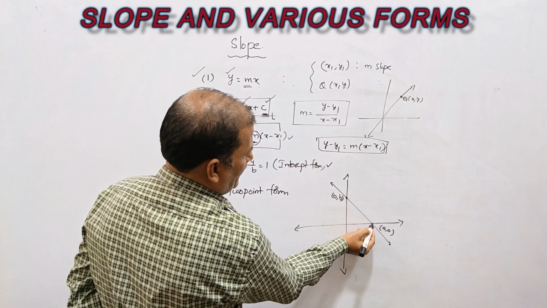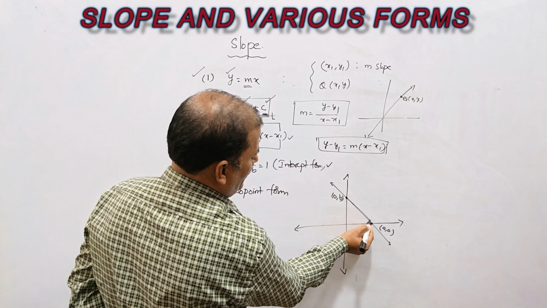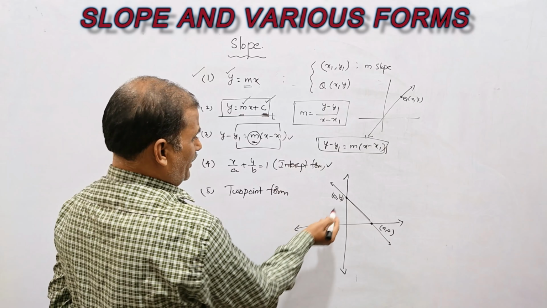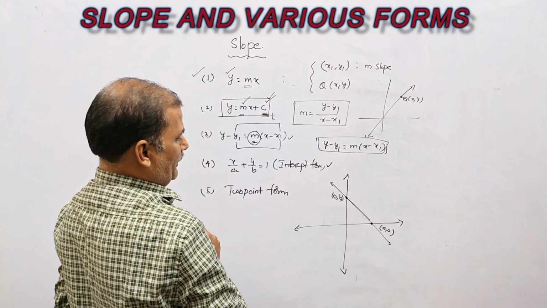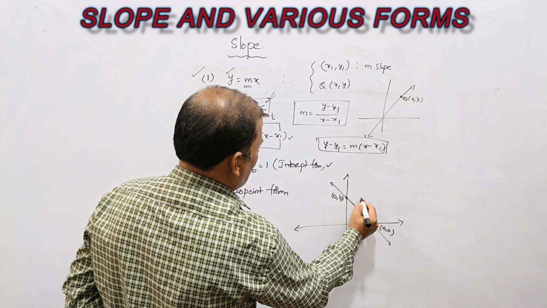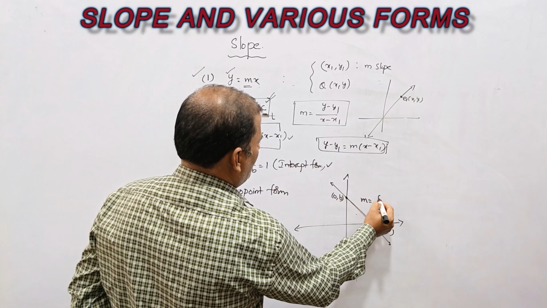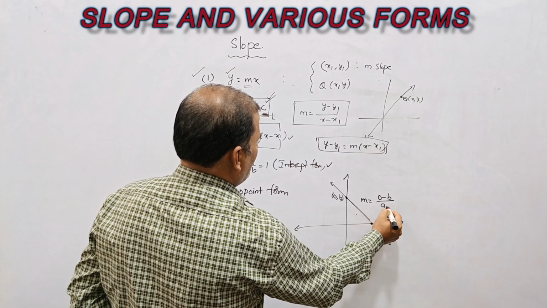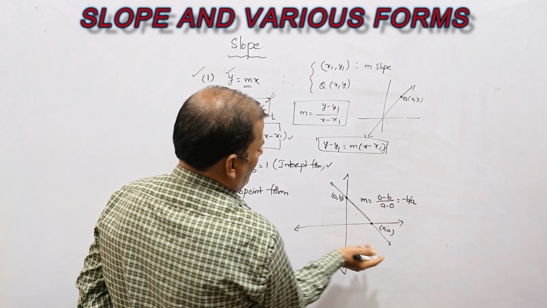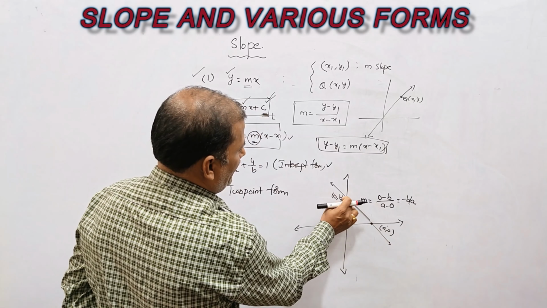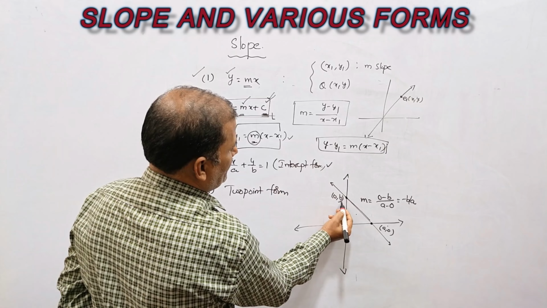Now we have to find the slope of these 2 points, or we know the y-intercept formation is y is equal to mx plus c. We find the slope here, m is equal to y2 minus y1 by x2 minus x1. The slope is minus b by a. This line intersects the y-axis, which means the y-intercept is c.